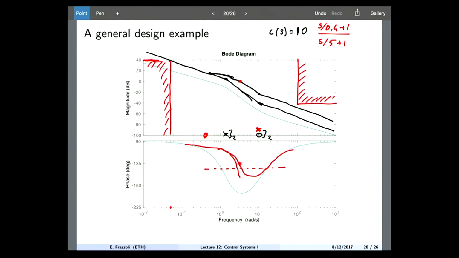If I did things correctly, the phase will be around here, let's say around negative 135, which is more than 40 degrees away from negative 180, okay? So assuming that this sketch is correct, I'm actually done with my design, okay?